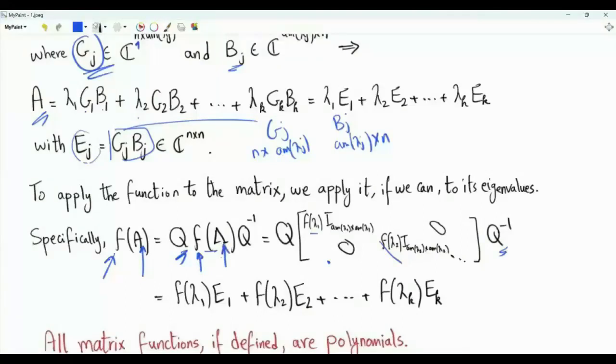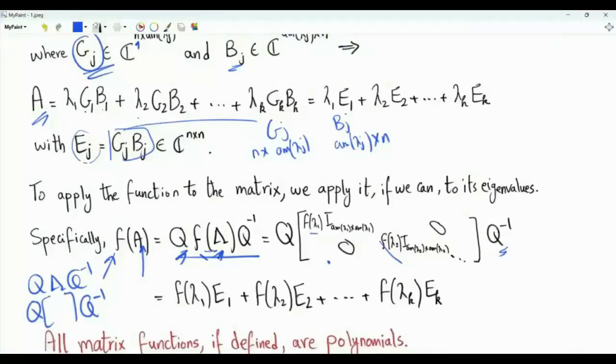f applied to a diagonal matrix means that we apply it element-wise to elements on the main diagonal of the diagonal matrix. f applied to diagonalizable matrix A means that we construct this matrix obtained from the eigendecomposition of matrix A. If A is Q Lambda Q inverse, then f of A, which is another n by n matrix, is Q on the left, Q inverse on the right.